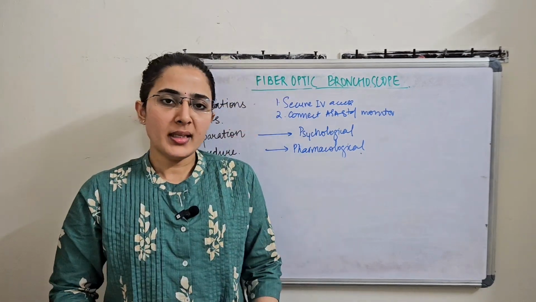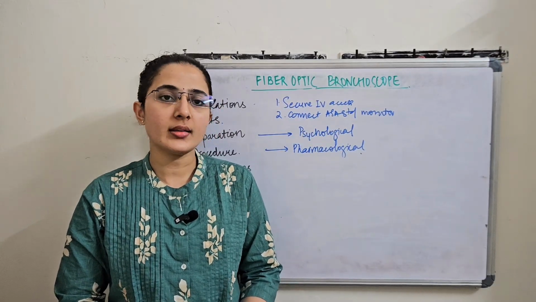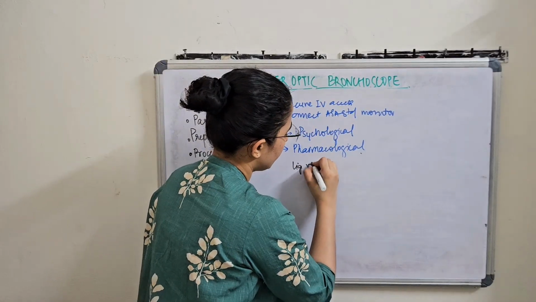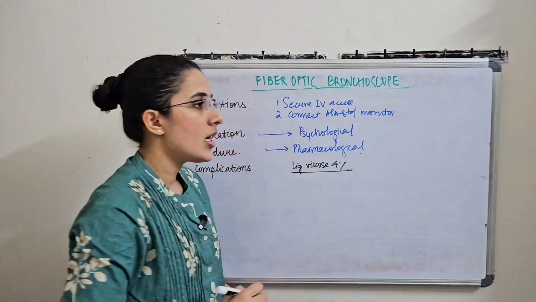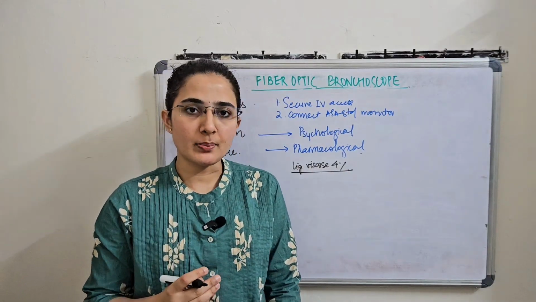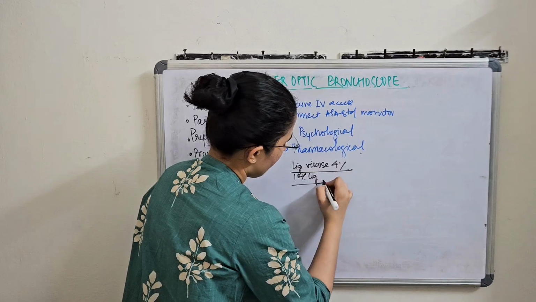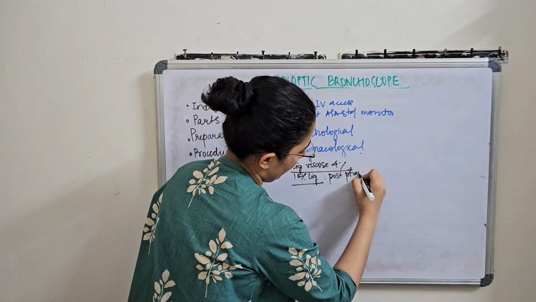Coming to how we anesthetize the posterior pharyngeal wall, that can be done by using viscous lignocaine, in the form of 4%, which can be given as gargles for the patient, or by spraying 10% lignocaine at the posterior pharyngeal wall.